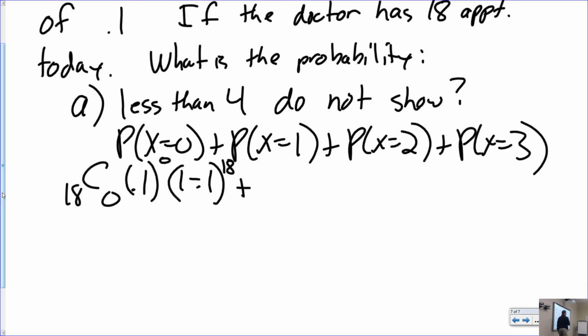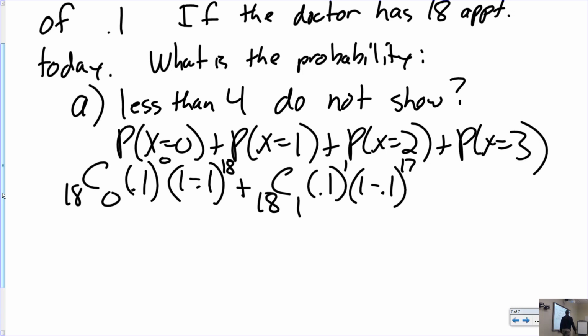Do the next one. 18 choose 1. Raise 0.1 to the 1st power. Raise 1 minus 0.1, which you're more than welcome to call 0.9 right off the bat, to the 17th power.